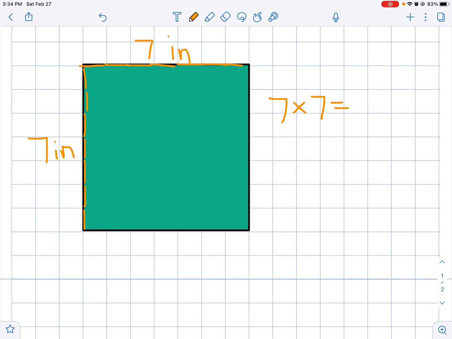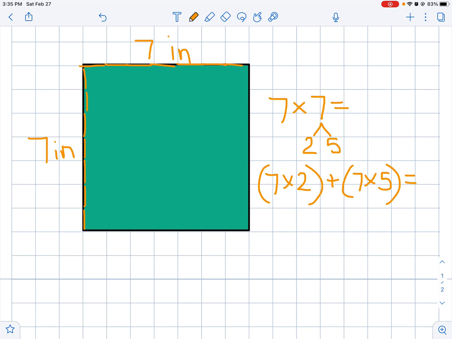You haven't done flashcards by 7s, but you do know how to do the distributive property. I would take one of these 7s and break it up into a 2 and a 5. I know my 2 facts well, and I know my 5 facts well. That's going to make this way easier. Now all I have to solve is 7 times 2 plus 7 times 5, both of which I can do pretty easily.